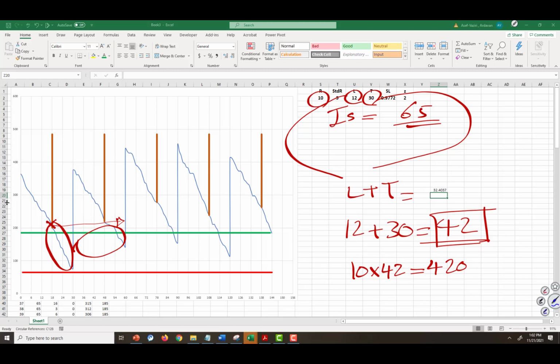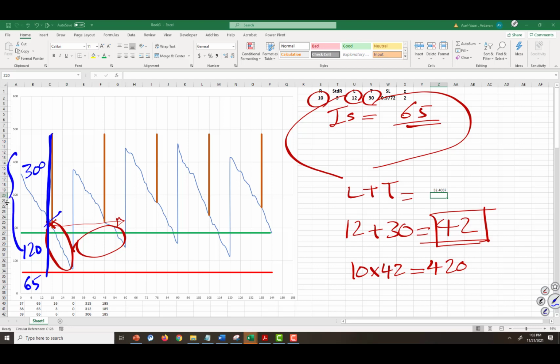Therefore, when I am at this point, I should have 65 plus 12 times 10, which is 120, plus 30 times 10, which is 300, and that is 420, and that is 65 plus 420.